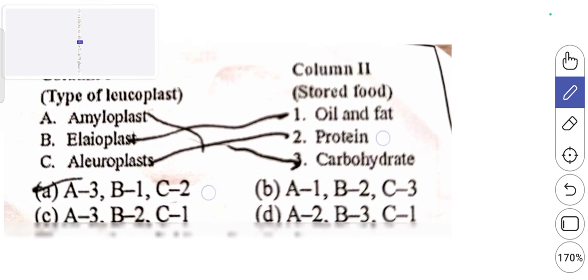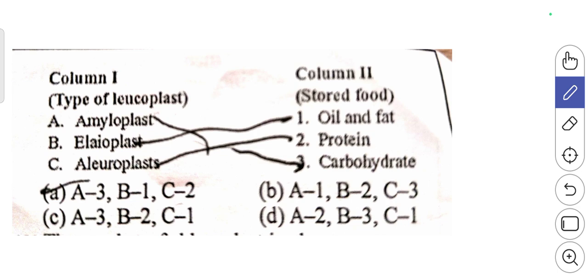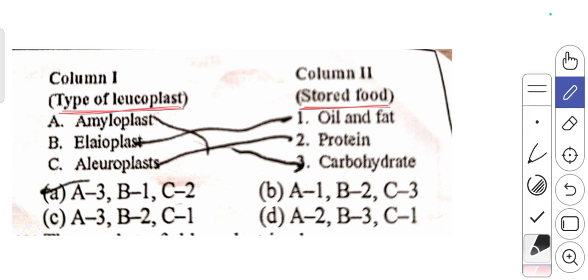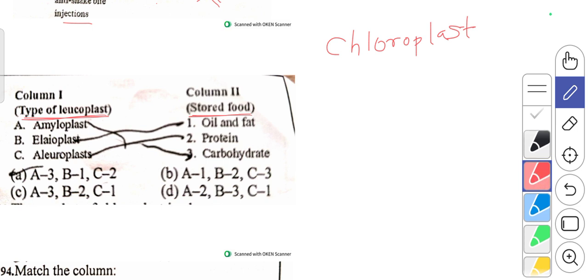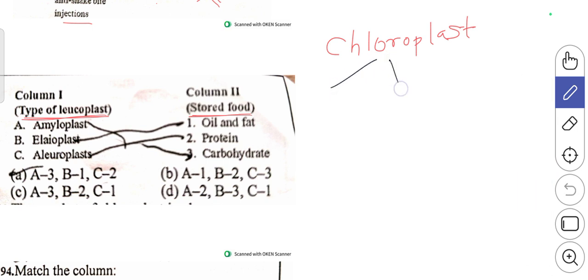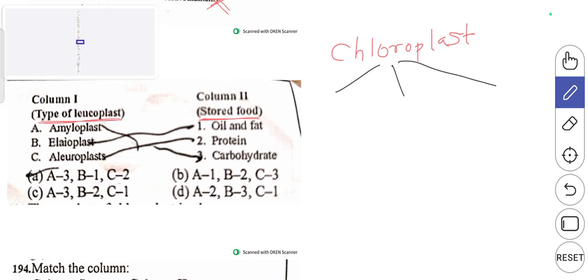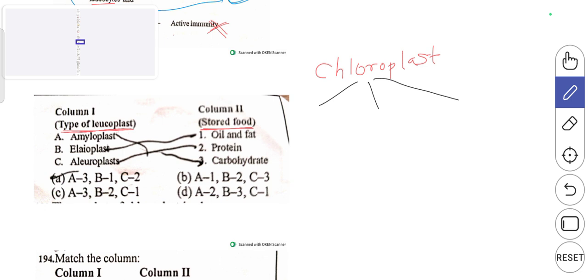Next one. Here they have given types of leucoplasts and their stored food.